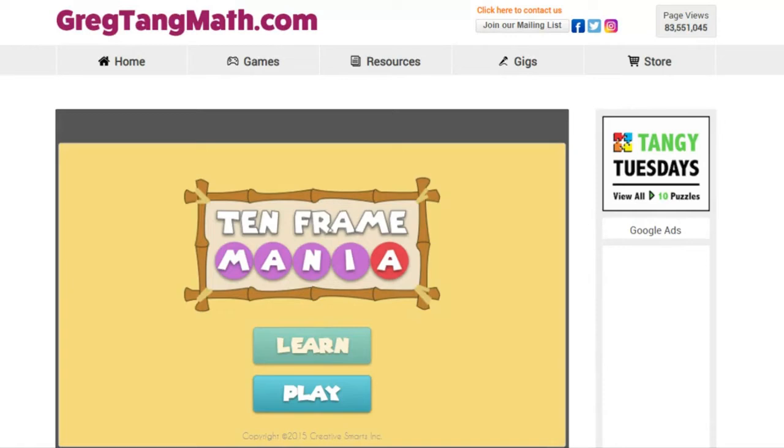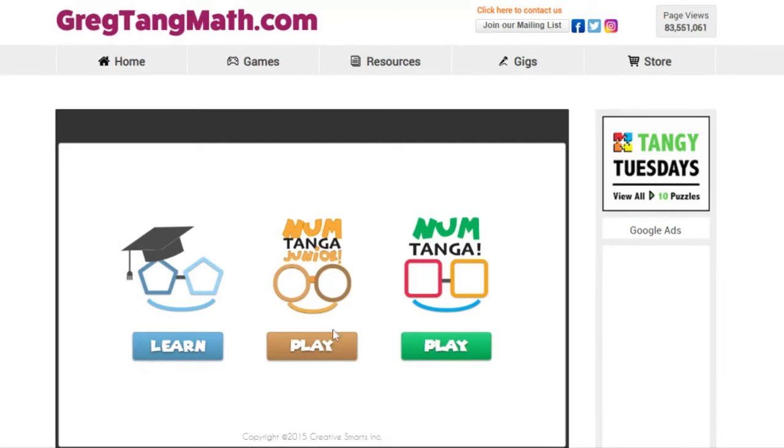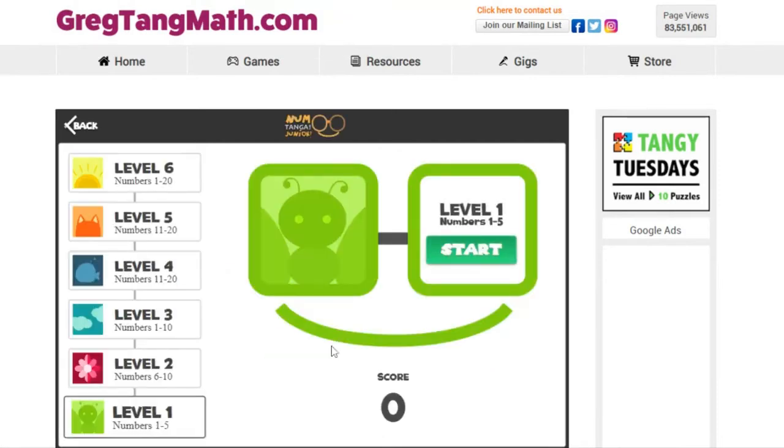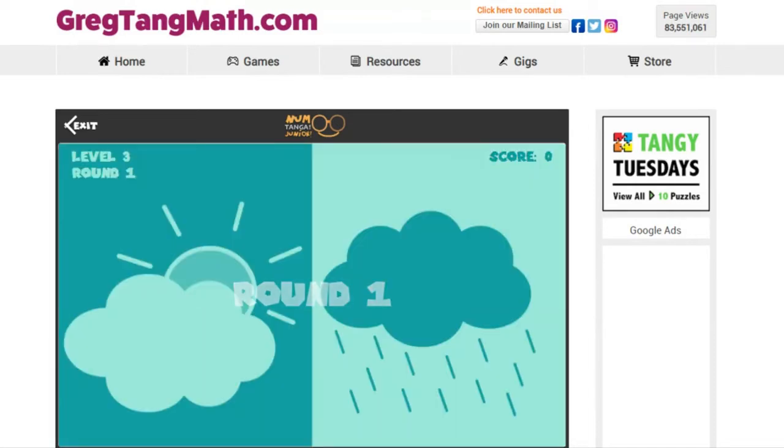There's 10 frame mania, where they have to click the number to show the number on the 10 frame. How much, how many. Numtanga, where you can do it for junior or higher levels, but you can choose the levels of numbers that they're working with.